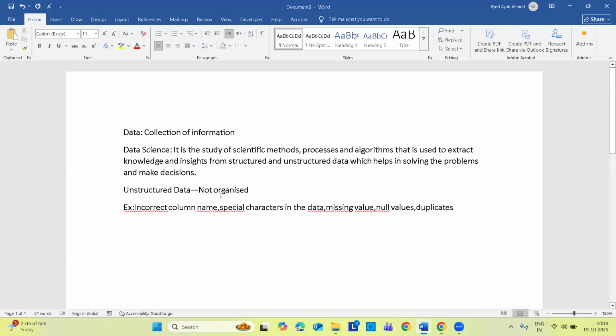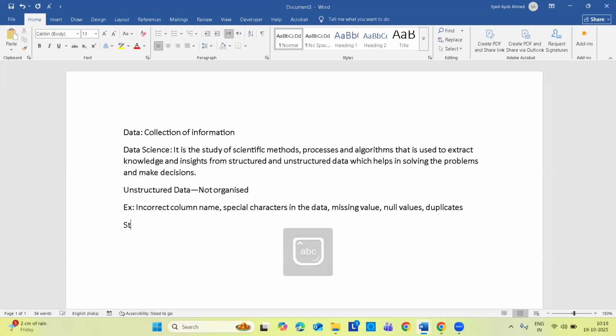So this is unstructured data. Clear, everyone? Any doubts here, guys? You can let me know. Jagdish, what about you? Any doubts? No, sir. So this is for unstructured data. And in real time, 99% you will get unstructured data only to analyze.